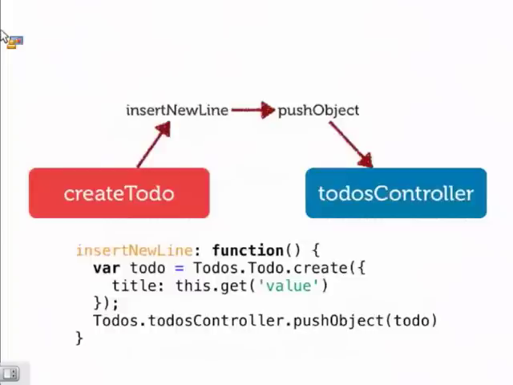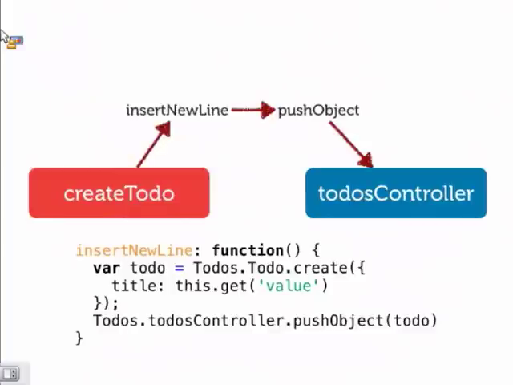And here's pretty much how that works in practice. So you have a create to-do view, and there's an event called insert new line, which basically means I hit enter. And what I do inside that insert new line handler is I create a new to-do object, and I grab the value out of the current input box, and I push that object onto the to-dos controller.